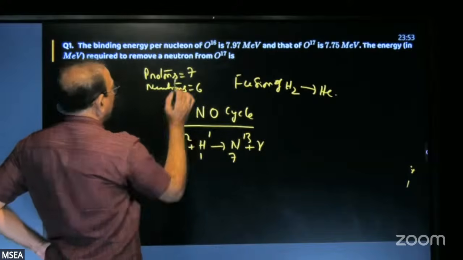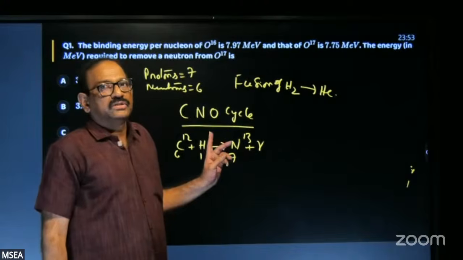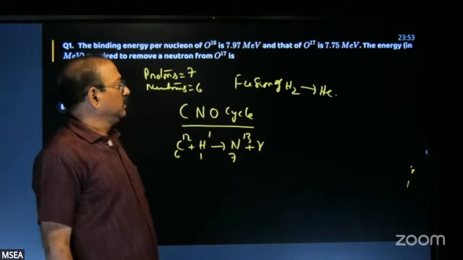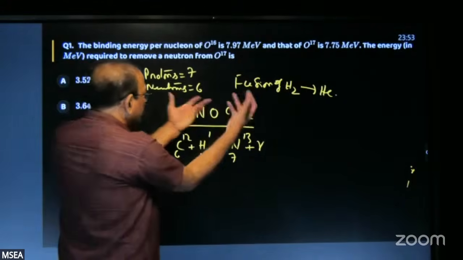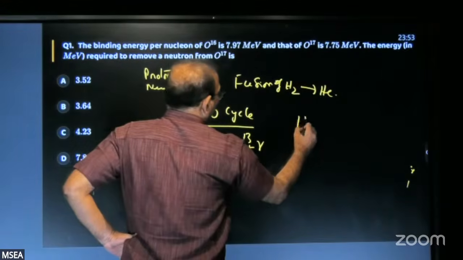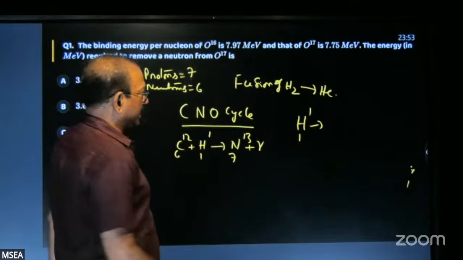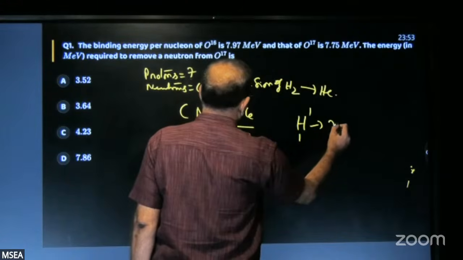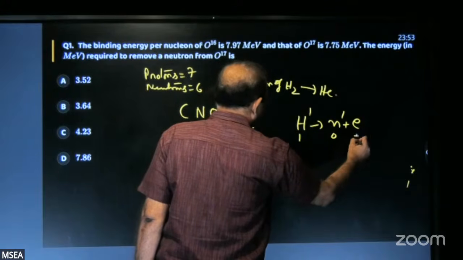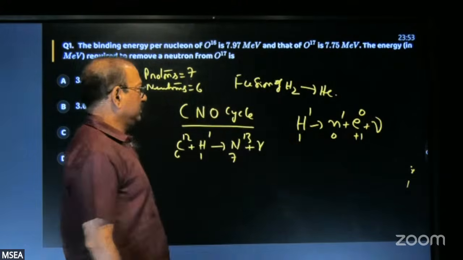It is rich in protons. Proton number is more than neutrons. Such a nucleus is unstable. So to become stable, one proton in this nucleus disintegrates into one neutron, and a positron and a neutrino are emitted.